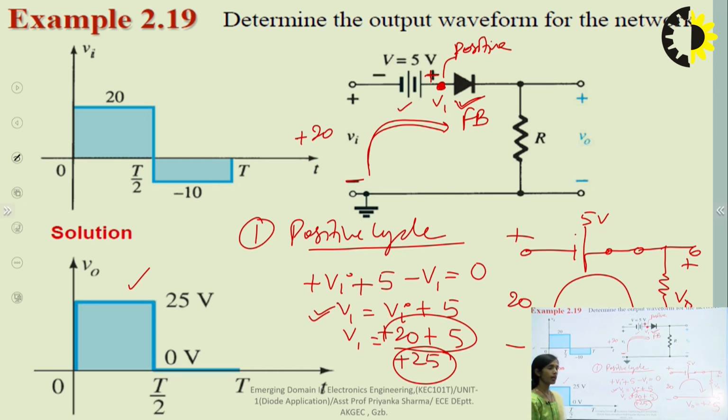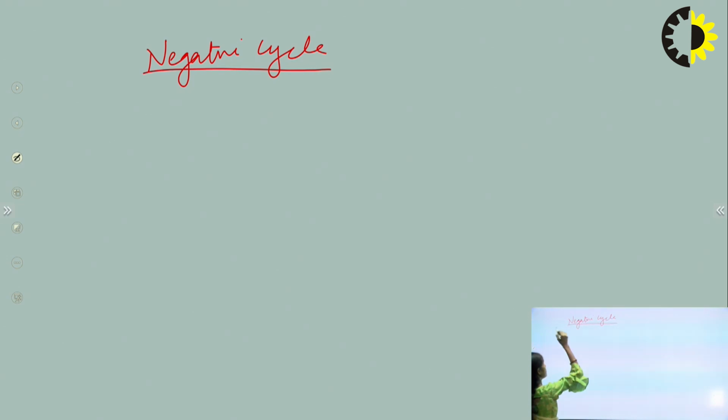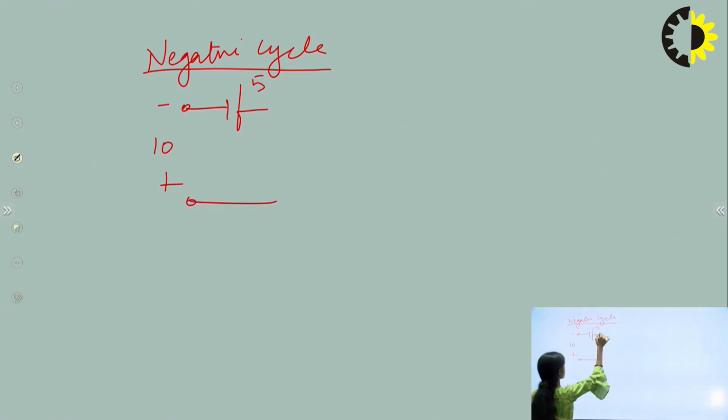Now if I am going to analyze it for the negative cycle, if negative cycle is applied, minus 10, and this battery voltage is here, the equation will be changed.